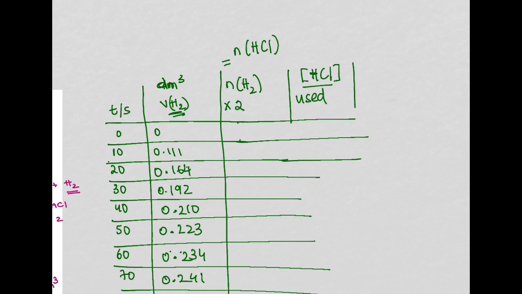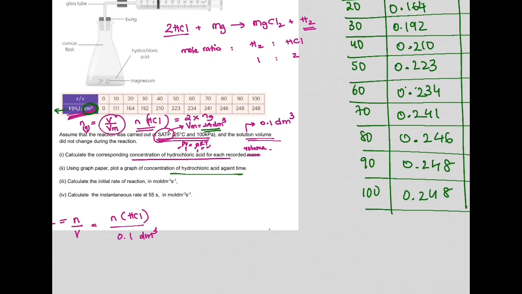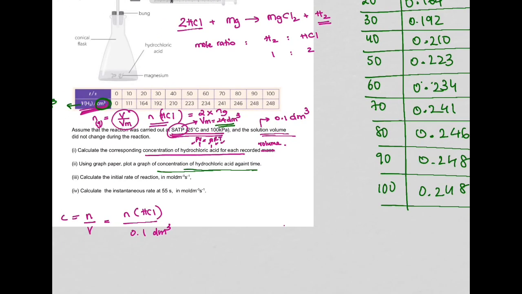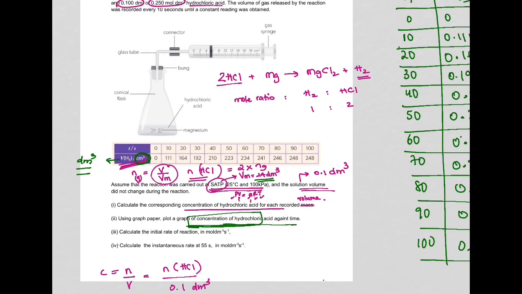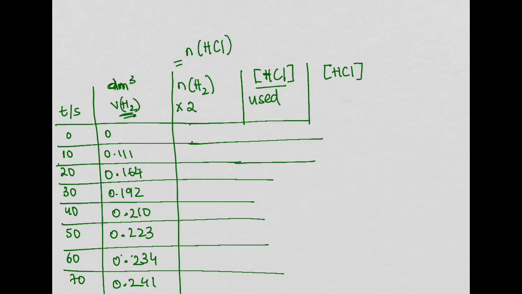And then I'm going to find concentration of HCl remaining. What remains? When it says concentration of hydrochloric acid, it means concentration of hydrochloric acid that remains over here. So this will be HCl left.